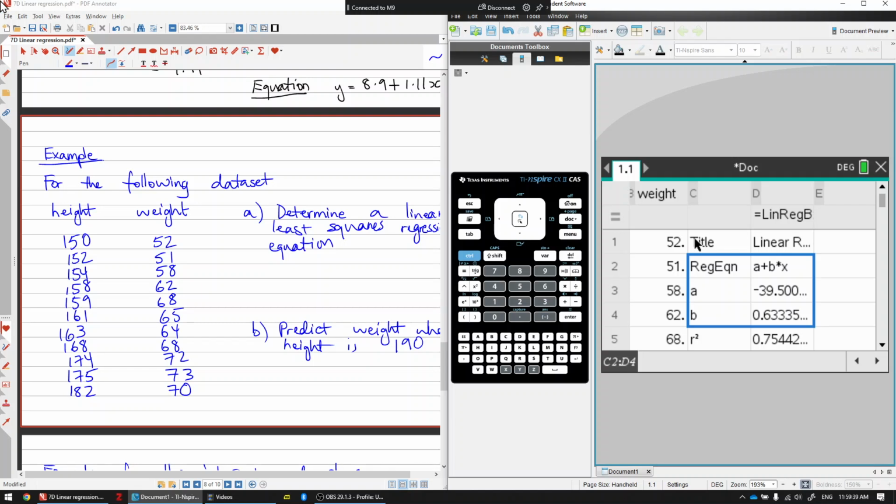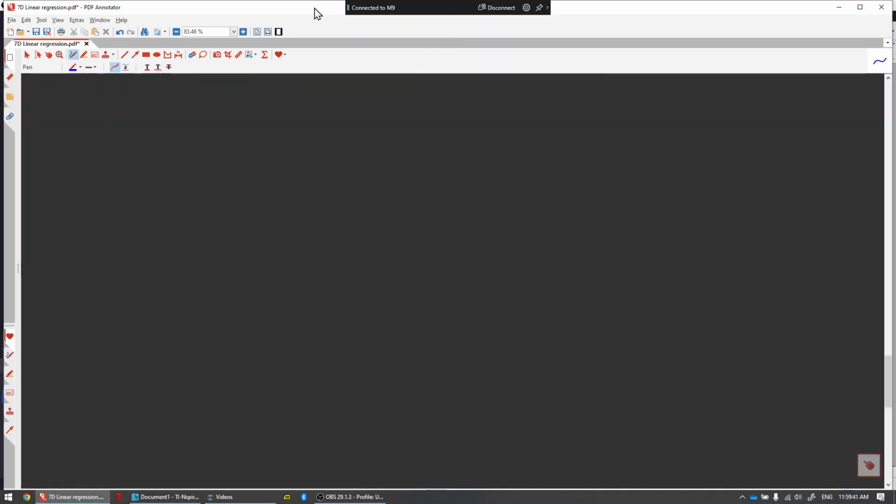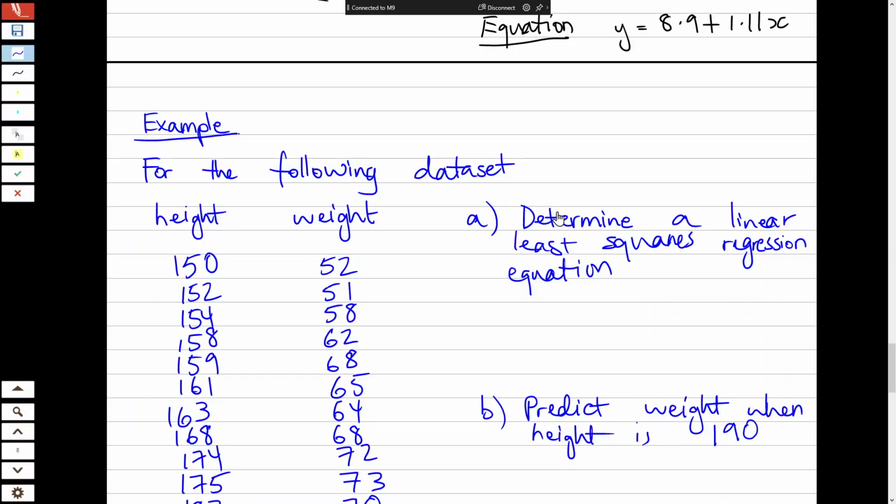If we go back to the question, using height as the explanatory variable.